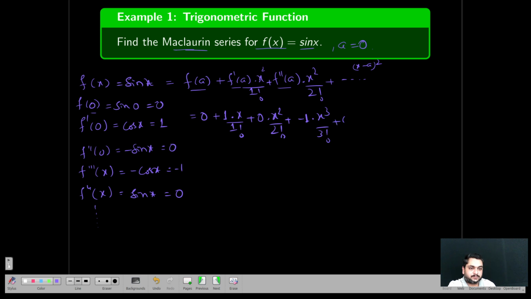Next plus 0 into x to the power 4 by 4 factorial. So I can go on doing like this.